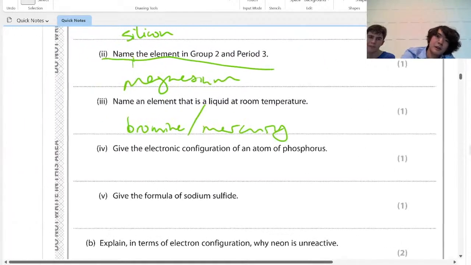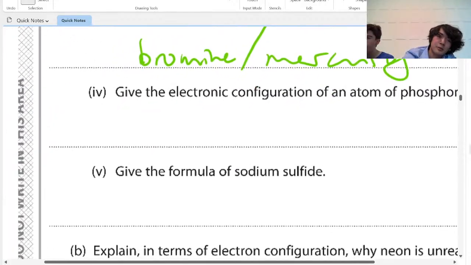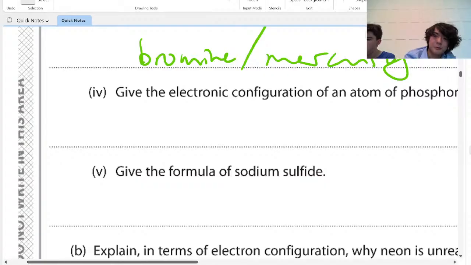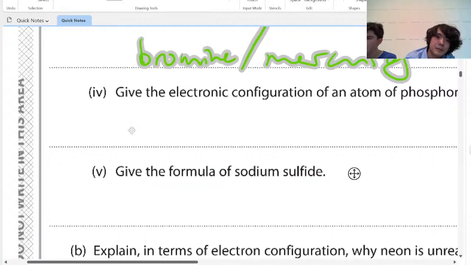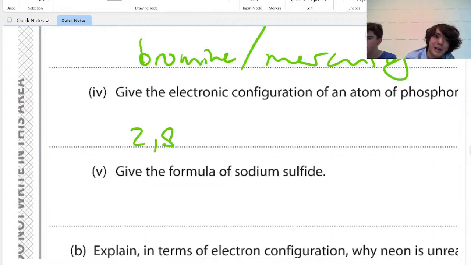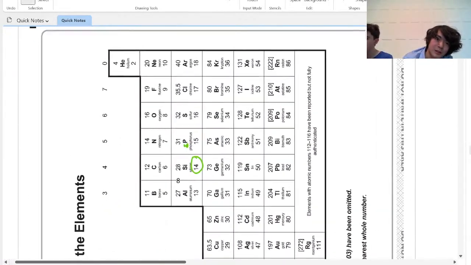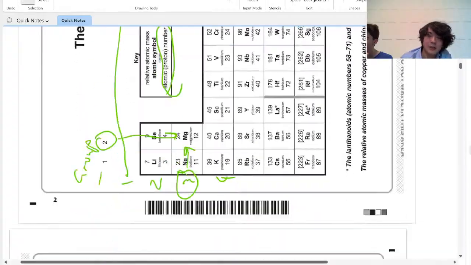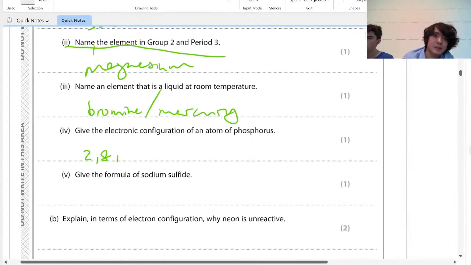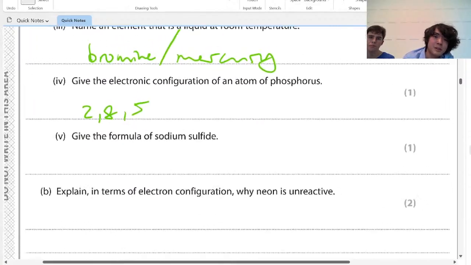So the first 2 shells are going to be 2 and 8. And phosphorus is in group 5, which tells us it has 5 electrons in its outer shell. So we'll put 5.